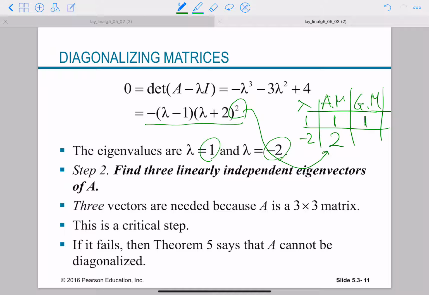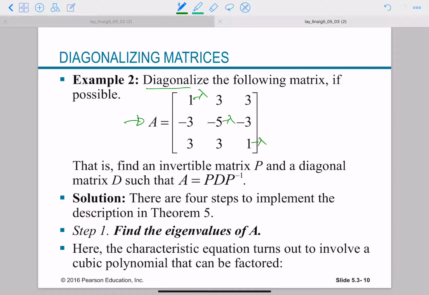Okay, so we know it is at least 1, right? But this is upper bounded by 1, so it will only have one free variable in the case of A minus lambda I. So in the case of lambda being 1, then it will be 0, -6, -6, and 0, right?